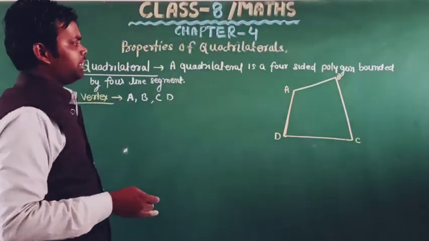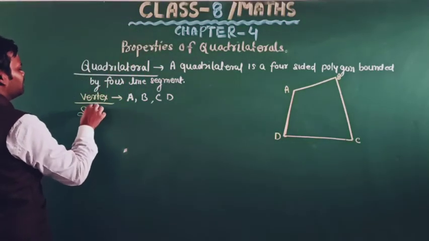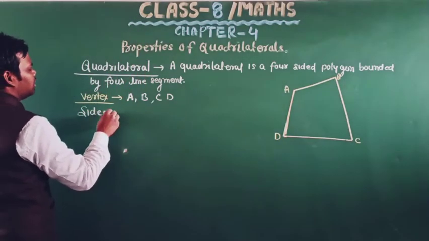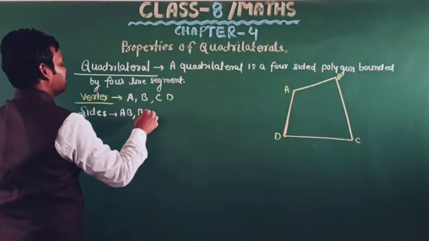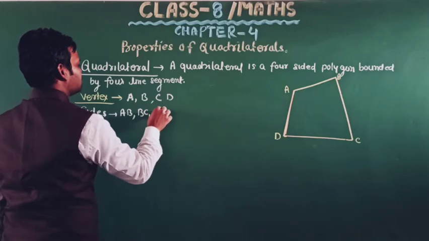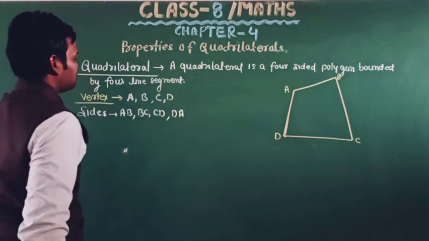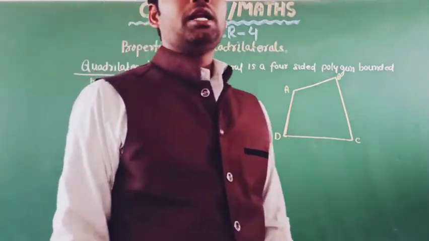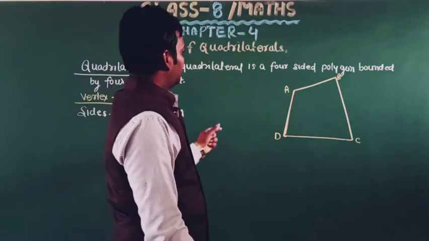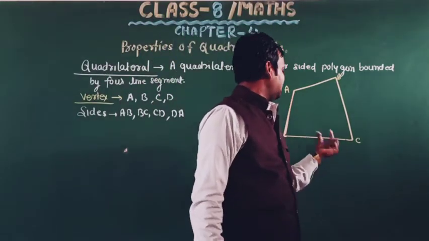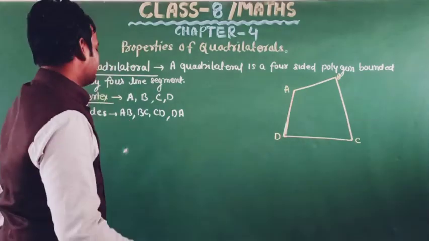AB, BC, CD and DA are called the sides. So AB, BC, CD, DA are the sides of a quadrilateral, and angles A, B, C and D are the interior angles of the quadrilateral.